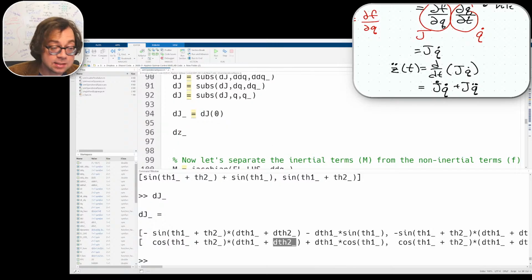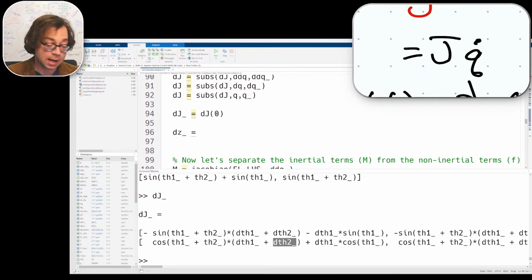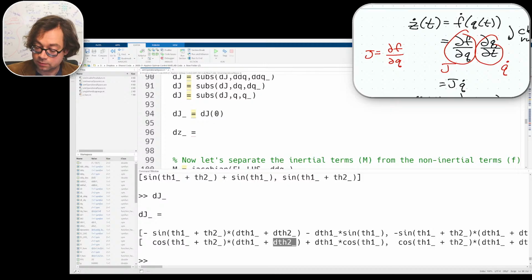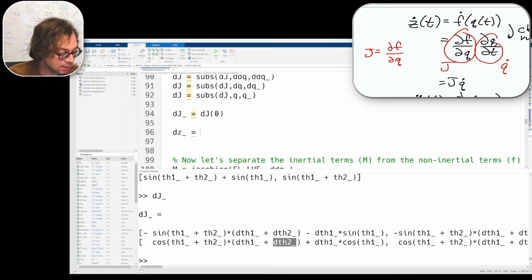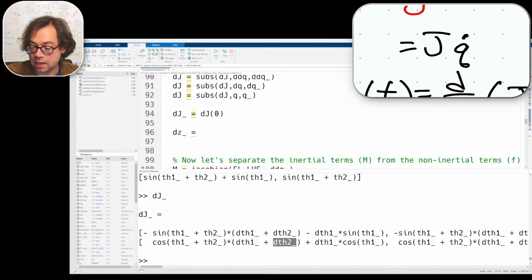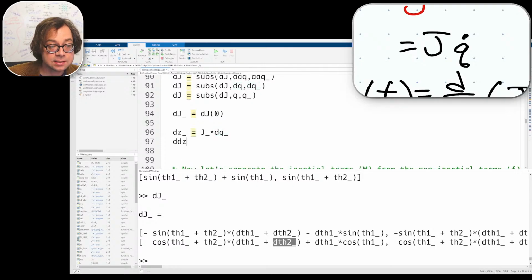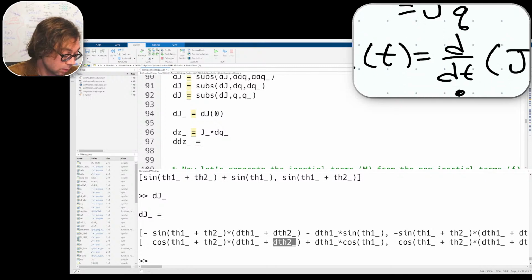We can say that DZ underscore, we can use this expression, is equal to J times Q dot. That is the time derivative of our task space, how fast we are moving the end effector. Literally, it's the speed in each direction of the end effector position. That's Z dot. How do we compute that? It's equal to J Q dot. So J underscore times DQ underscore. That's Q dot.